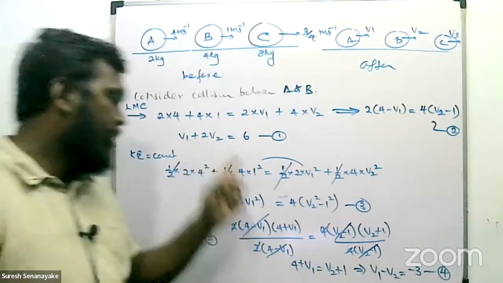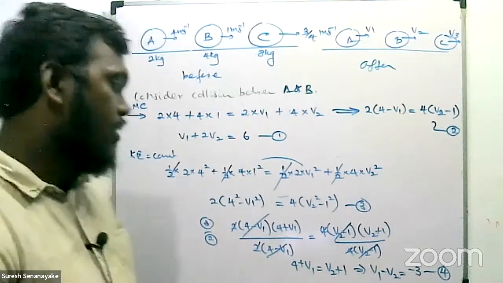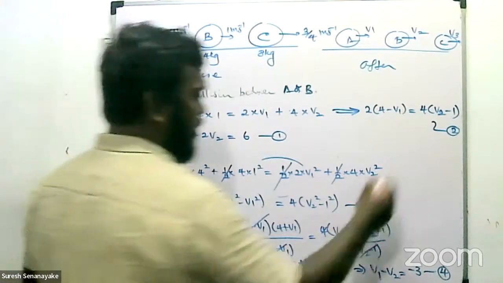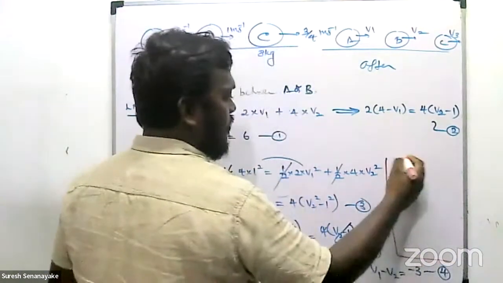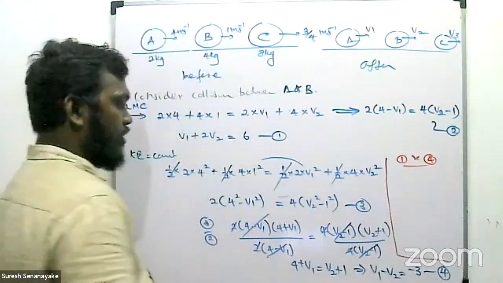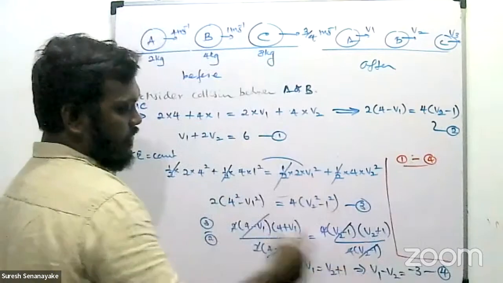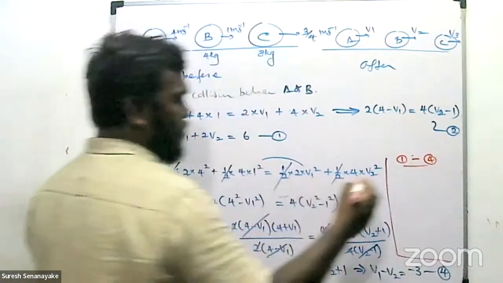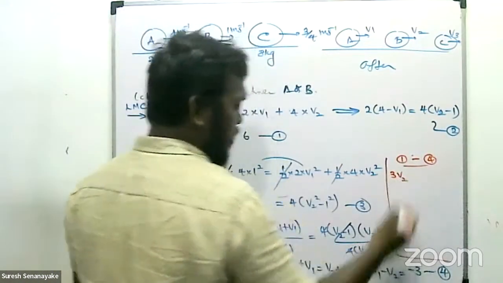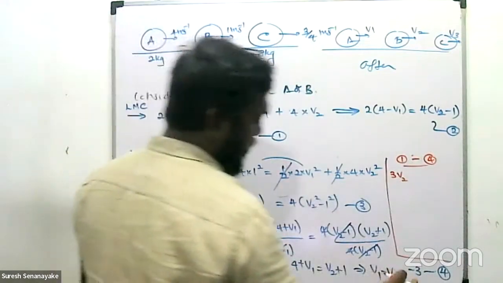Then by equations 1 and 4 you can solve for V1 and V2. Let's say 1 minus 4, so V1 cancels. This is 3V2, and this becomes 6 minus 3.